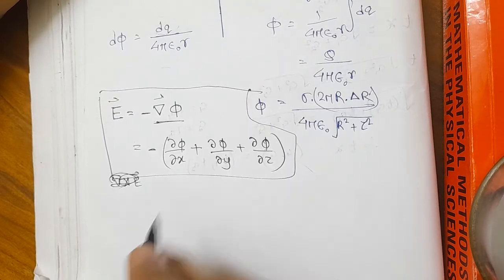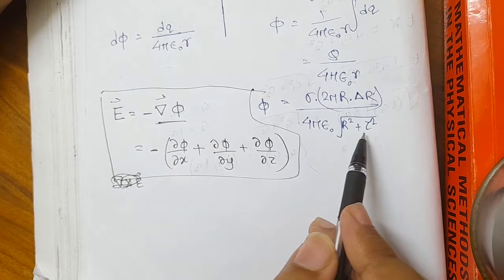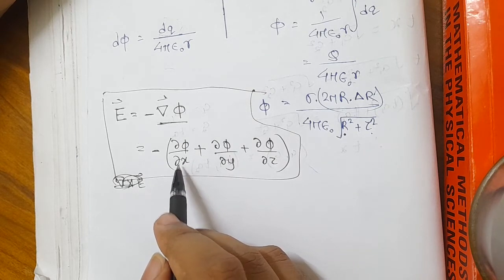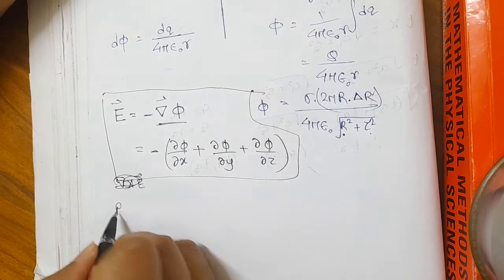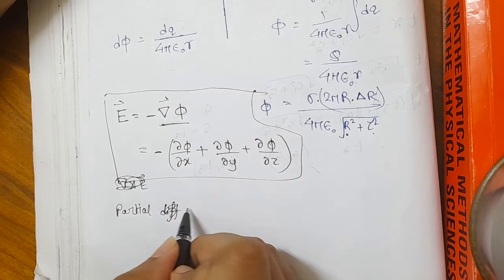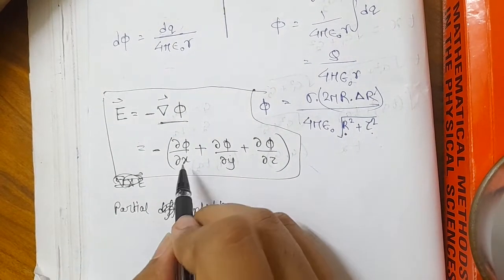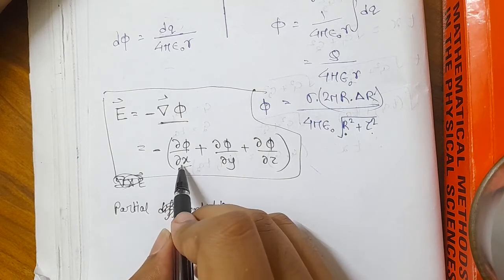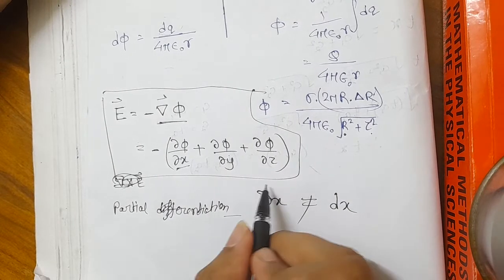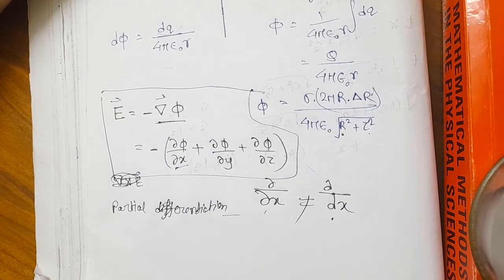So here is this, and now as you can see here, r is constant, only z is variable. So when you differentiate with respect to x, del here represents partial differentiation. This is the total differential and this is the partial differential.